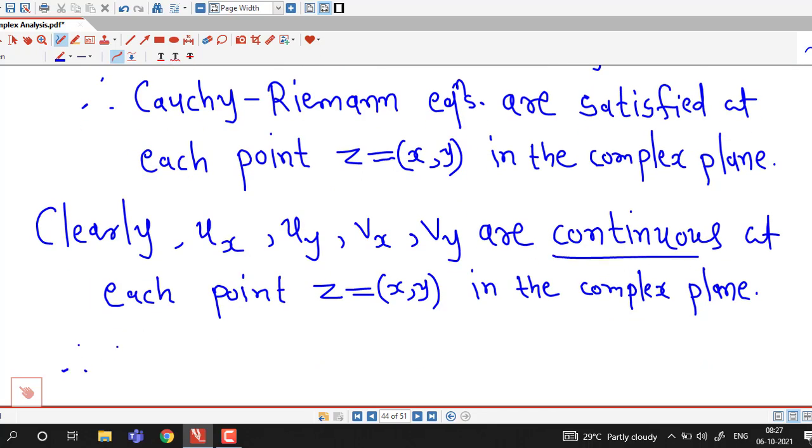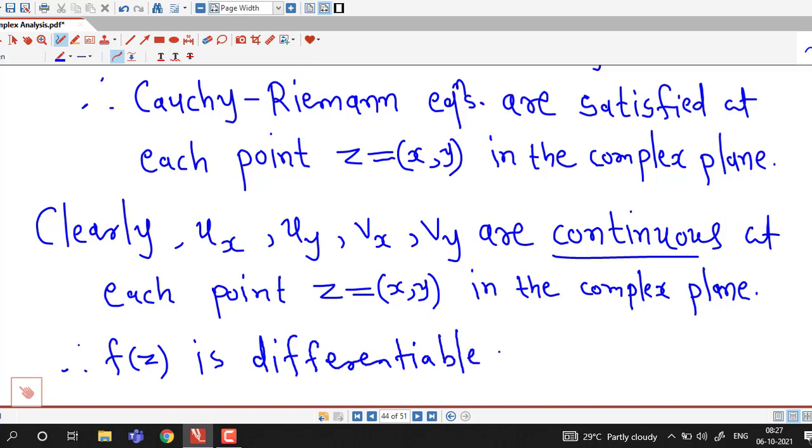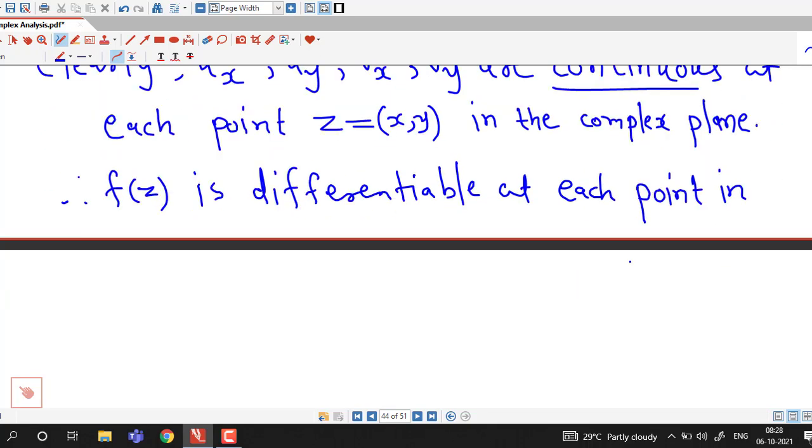So therefore we can say that the given function is differentiable at each point in the complex plane.